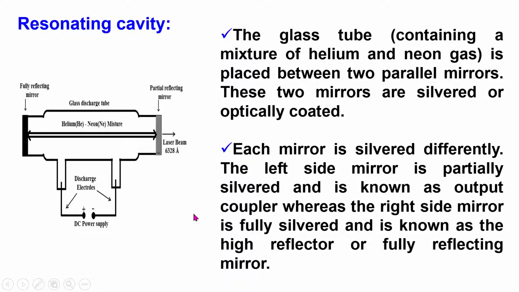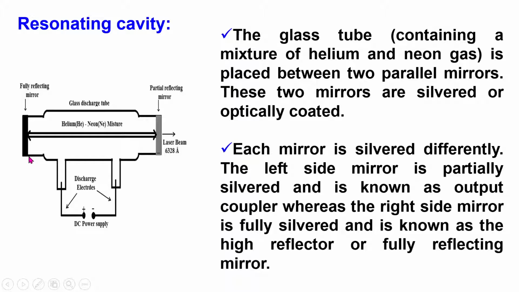In this helium neon laser, these two mirrors form the resonating cavity, which is also known as the optical resonator. Here each mirror is silvered differently. The left side mirror is partially silvered and is known as the output coupler, whereas the right side mirror is fully silvered and is known as the reflector or the fully reflecting mirror.